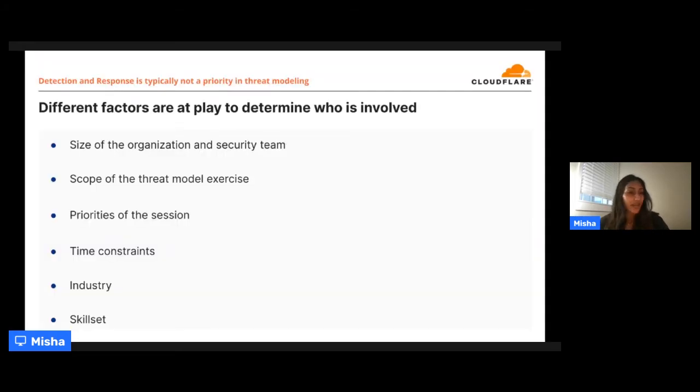So the role of detection and response is usually not something that people think about, in my experience, in threat modeling, and different factors impact a security team's priorities and ability to prioritize DNR goals. Usually it's product security and application security, right?